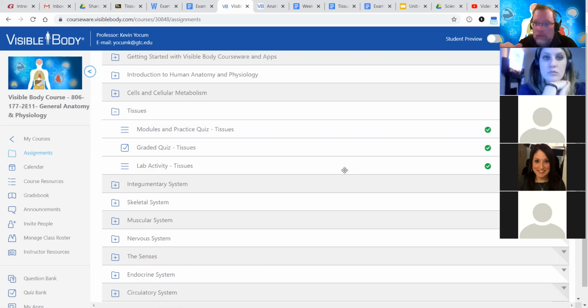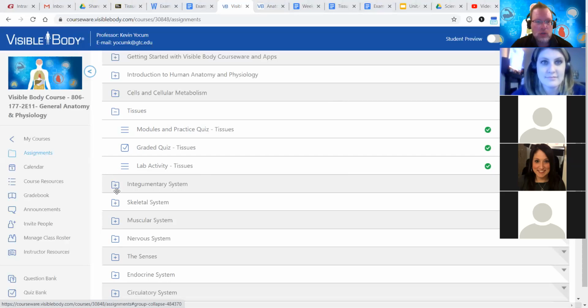If you just leave them blank, I'll probably send you a reminder to do them. It's part of the credit for the total 20 points for the Visible Body lab, so it would be worth about 6 points out of the 20. If you did all of them, you'd get 6 points regardless of what your score was, and you can take them as many times as you want.